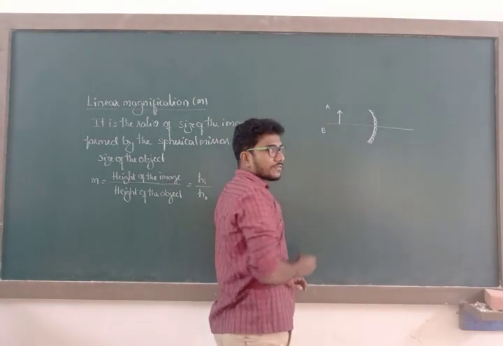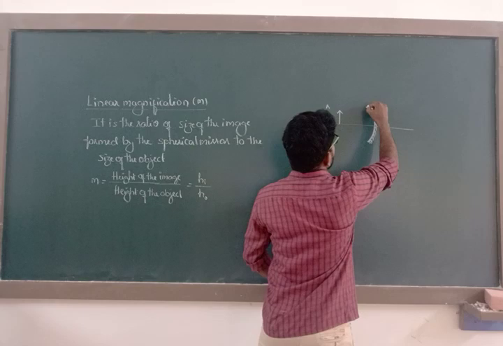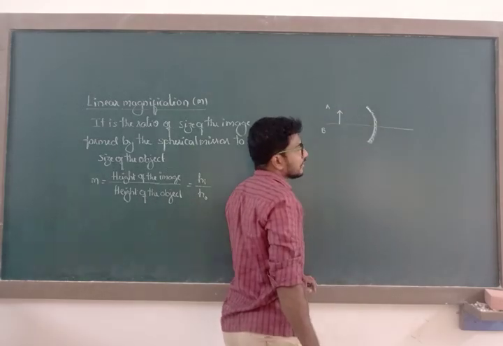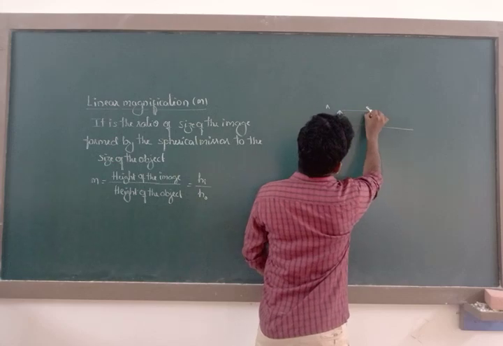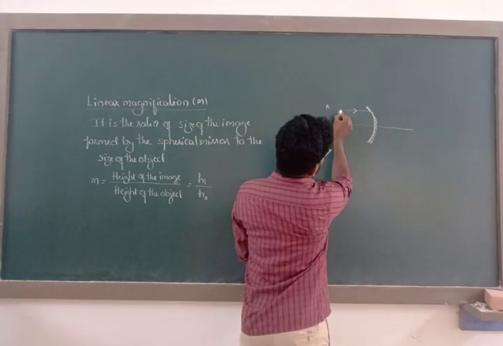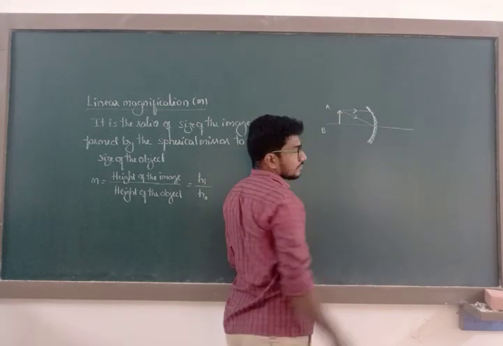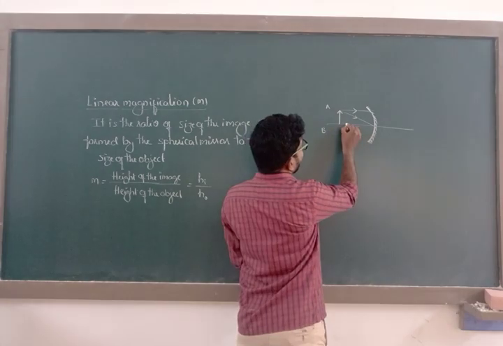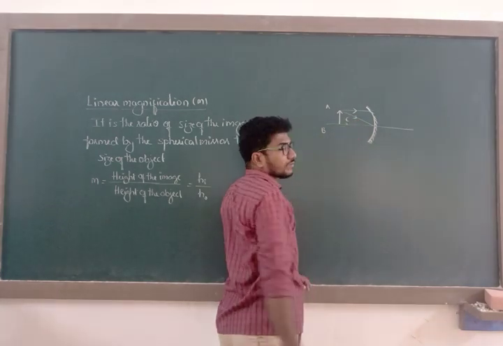Then we know that there is a need of 2 incident light rays in order to plot the position of the image. Let us consider an incident light ray parallel to the principal axis, and another incident light ray obliquely to the principal axis. So this object lies beyond the center of curvature. So this point is the center of curvature.